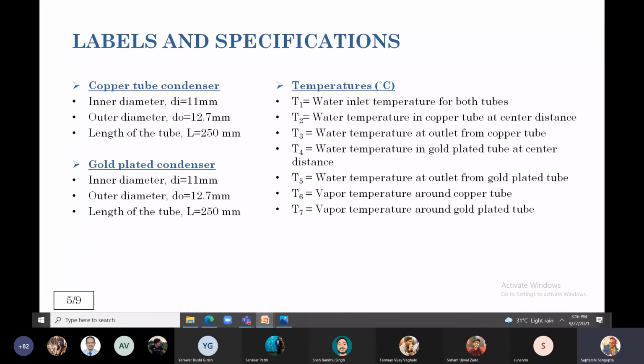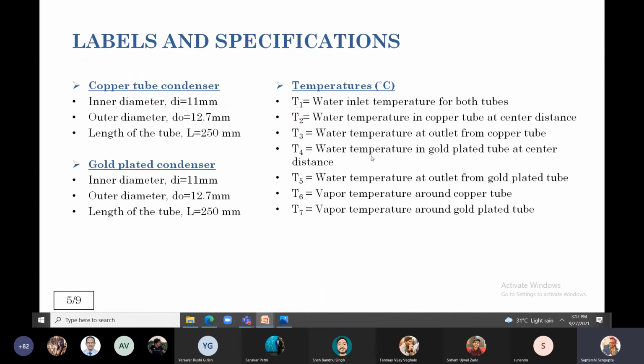These are some of the labels and specifications. So we have already specified the inner diameter, outer diameter, and length of the copper condenser and the gold plated condenser. So these are the various dimensions of the condensing plates. And then we have the various temperatures that we are recording. T1 is the water inlet temperature.